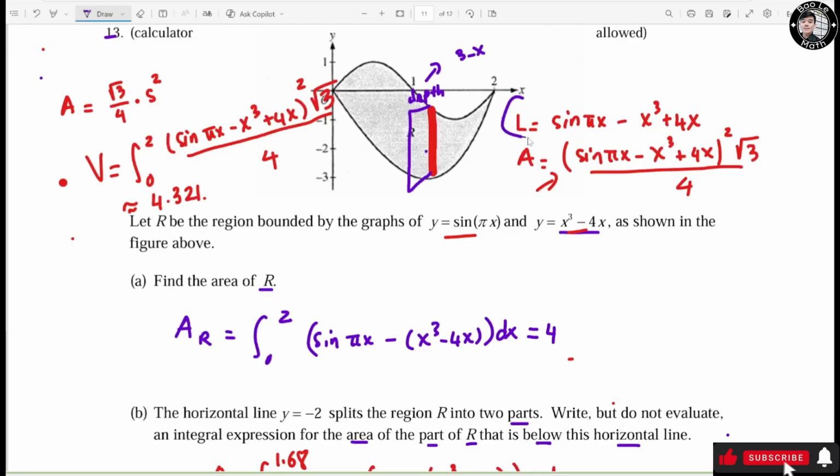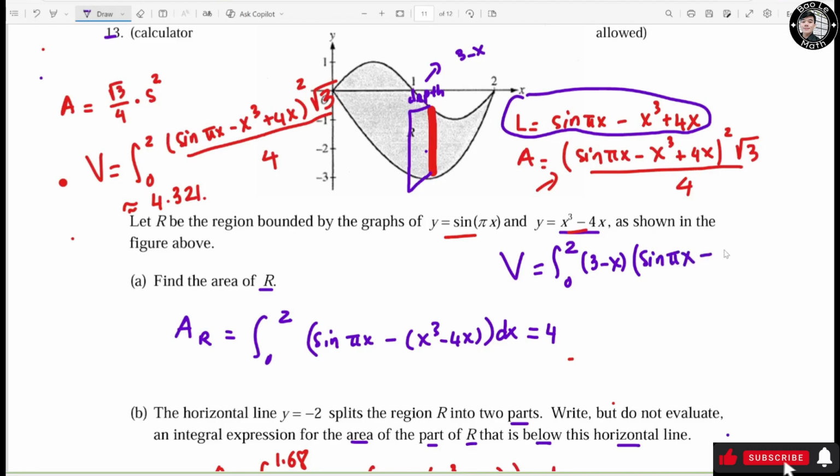So the length is still this guy right here. So the volume should be the integral from 0 to 2 of 3 minus x times sine pi x minus x cubed plus 4x dx, right?